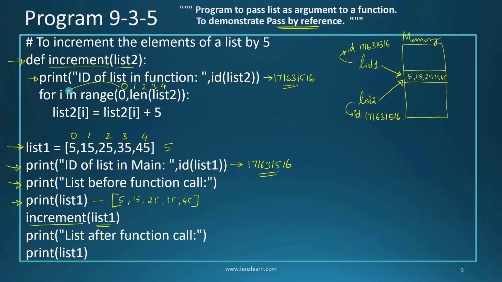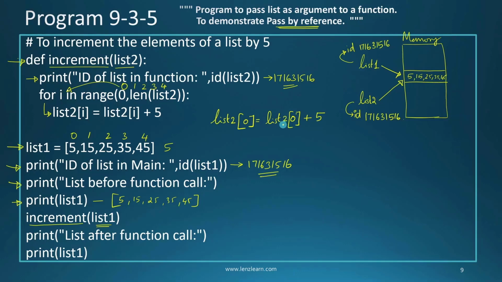First the value 0 will be loaded into i. Now inside the for loop I will do list2 of 0, because the value of i is 0, equals list2 of index value 0 plus 5.